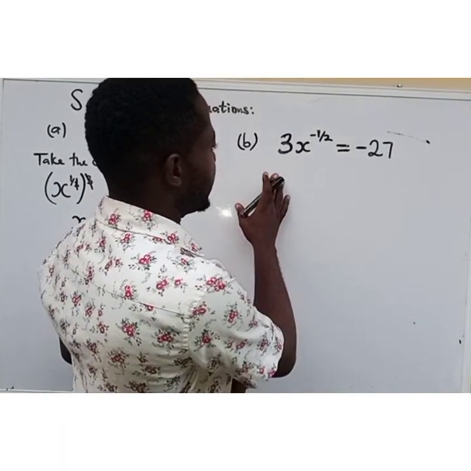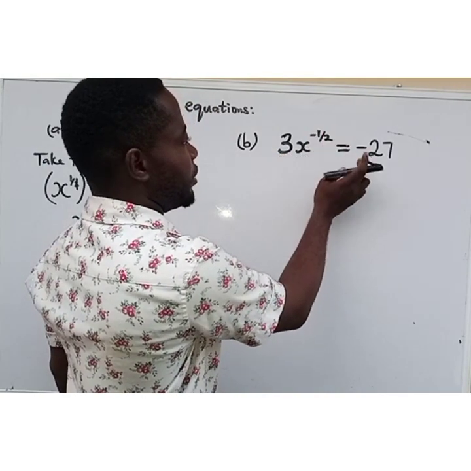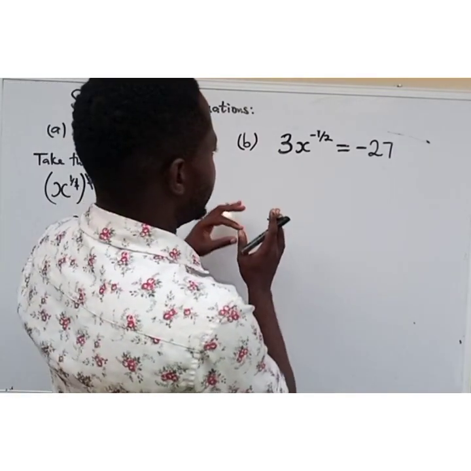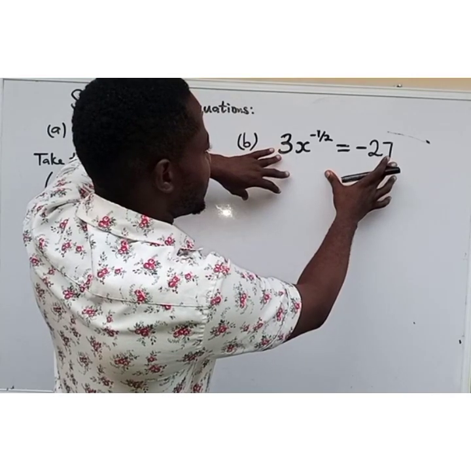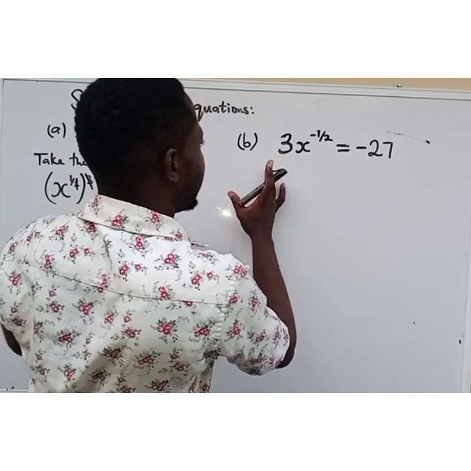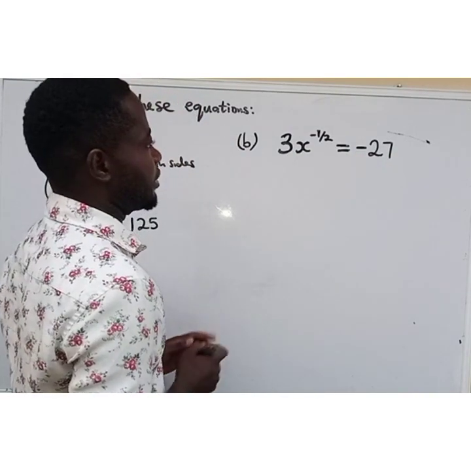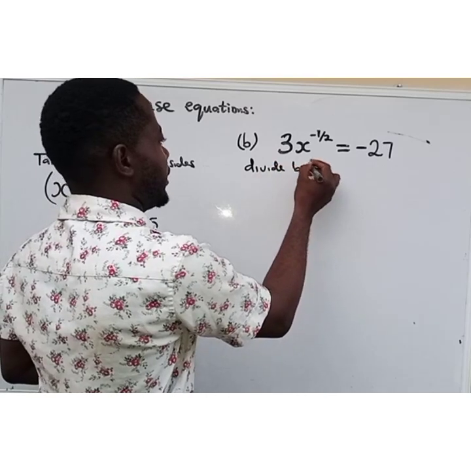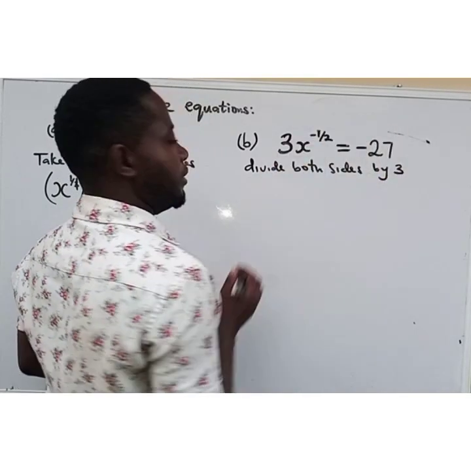The second question says 3x raised to power minus 1 over 2 equals minus 27. The first thing to do is to check both sides if you have things in common. And what do we have in common? 3 can go here, 3 can go here. So in that case, we are going to divide both sides by 3.